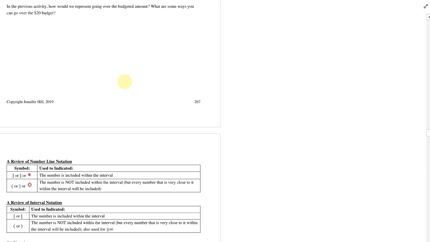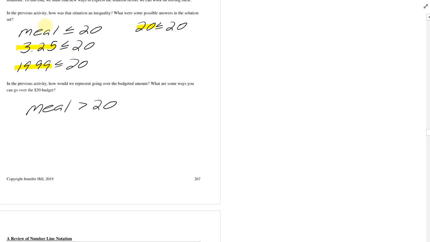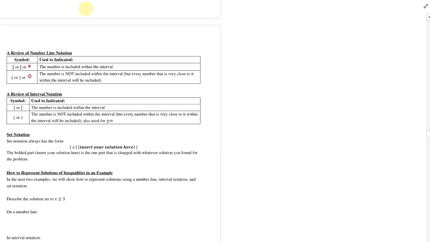Sorry, I keep dragging the screen all over. Well, that would mean that the meal, as I write in highlighter, was greater than $20. If you go over the 20, now you've gone over the budgeted amount, and that's a problem. So we have this clear idea of what inequalities mean. But because we have all of these different solutions, we need a new way to represent our solutions. So that's where we're going to start in this video.